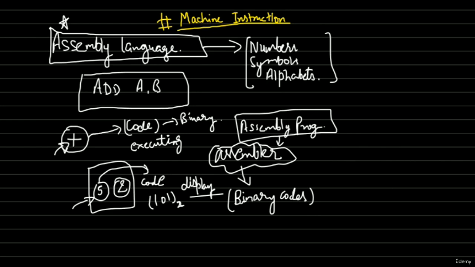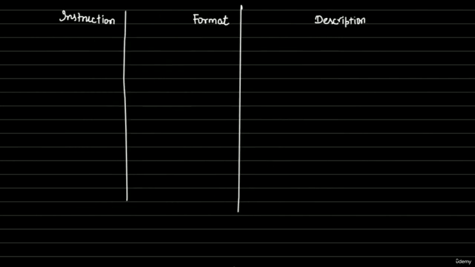Now let's learn a few of the programs of the assembly language. You're going to see the instruction, its format, and its description. Let's start with the simplest one, which is ADD. How do we write it? Let's say we write ADD B. What does it actually mean?